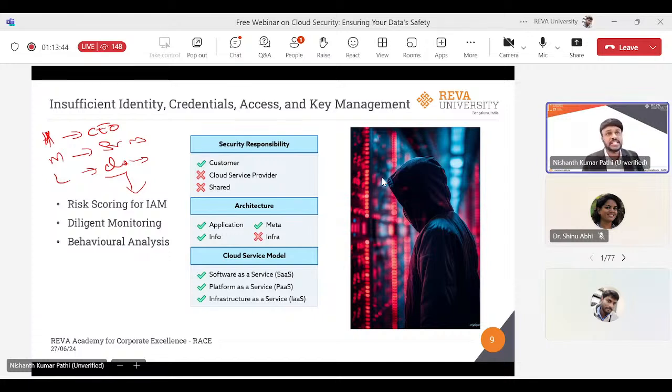Typically, he never types his password 3 times in one go; he logs into the account. But suddenly you start seeing that 3 times he is typing wrongly. That's a behavioral change. Even that kind of a behavioral address, if we can address, we can fix issues with identity and credential management, mainly at an identity and access management level.